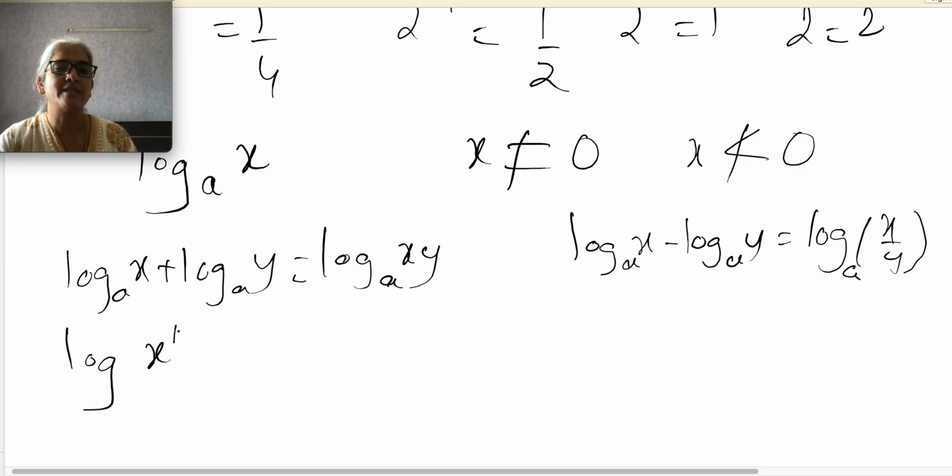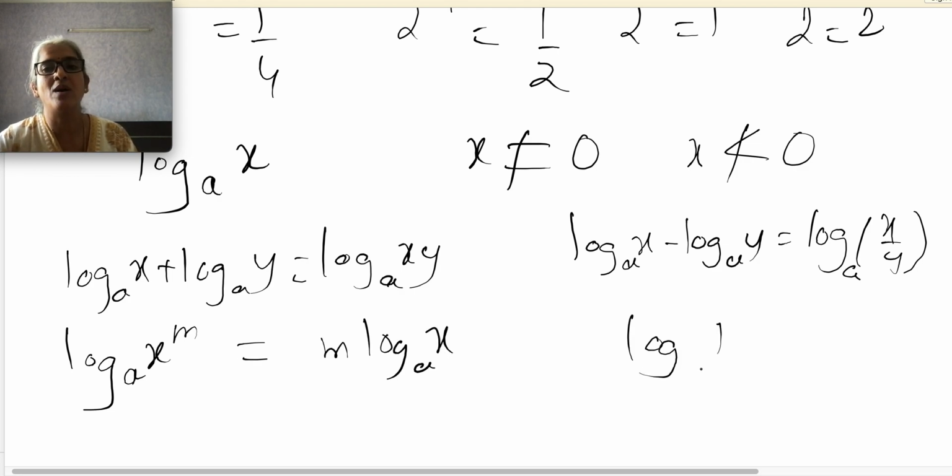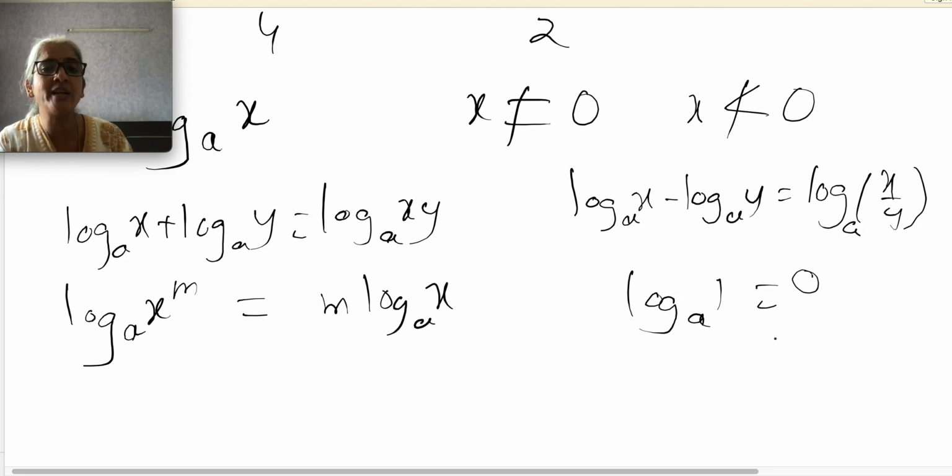Log of x raised to m to the base a is m times log of x to the base a. Log of 1 to any base is 0. I cannot have negative input or 0 input given to a log function because you know that exponents are never reaching 0 or a negative number. There is a change of base rule, but we will see that in the next video.